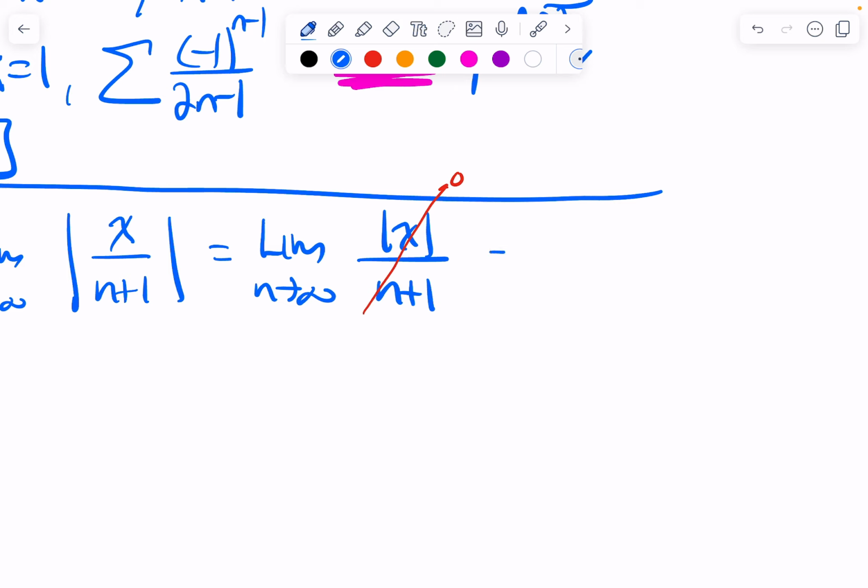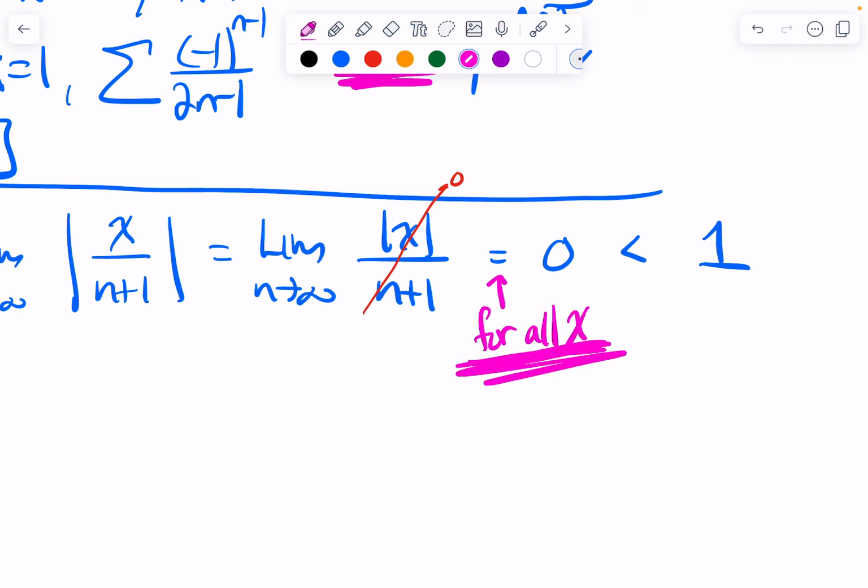So this is actually going to be a 0. Notably, that is less than 1, but importantly, that is true for all x.